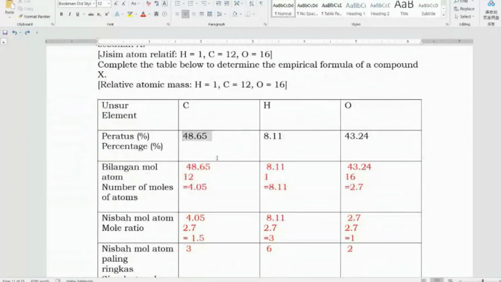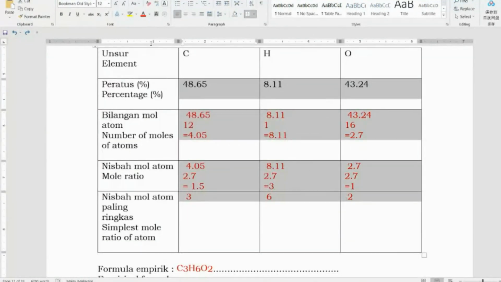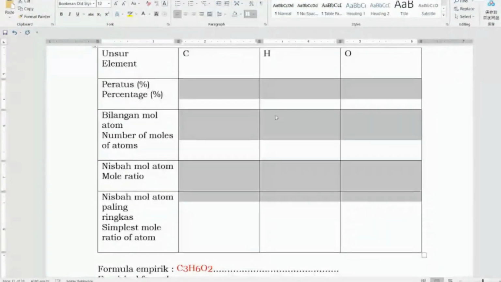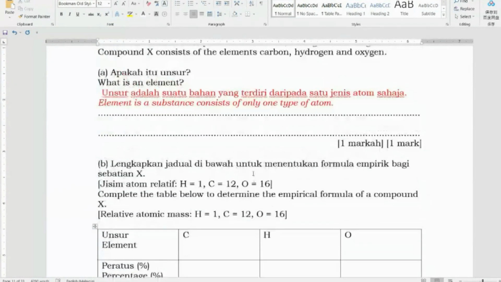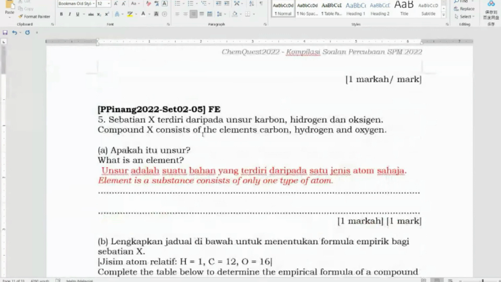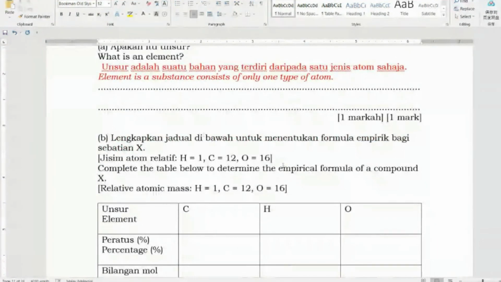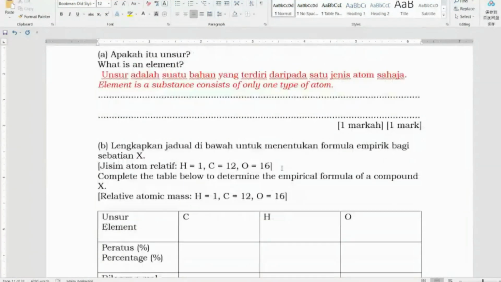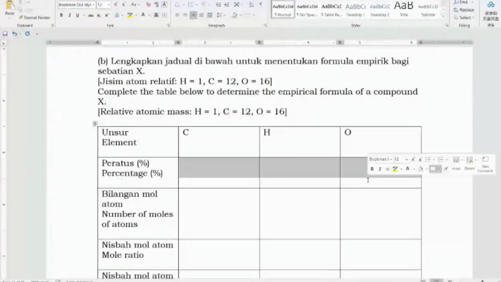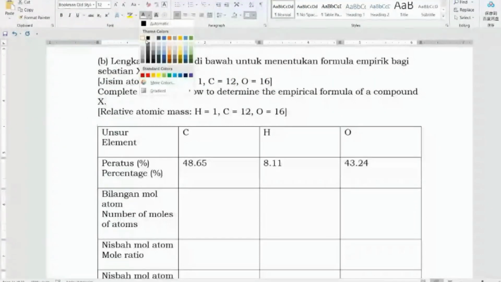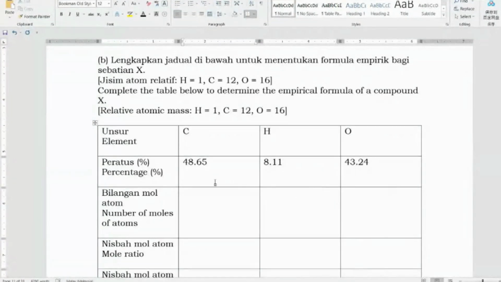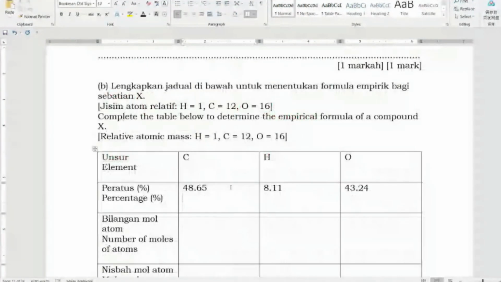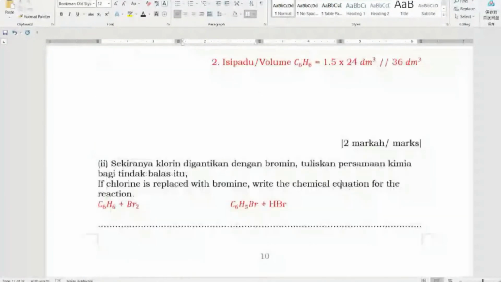Let's try one more. Same question, huh? I'd like you to try this. Given to you the percentage already. Almost the same, huh? 8.1, 43.24.